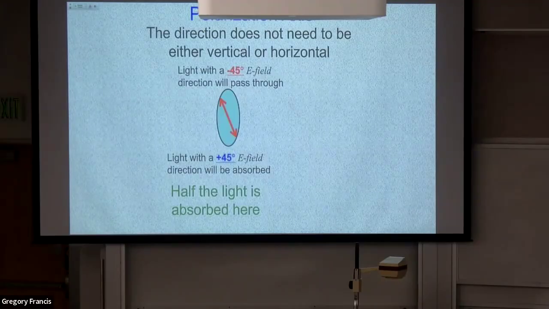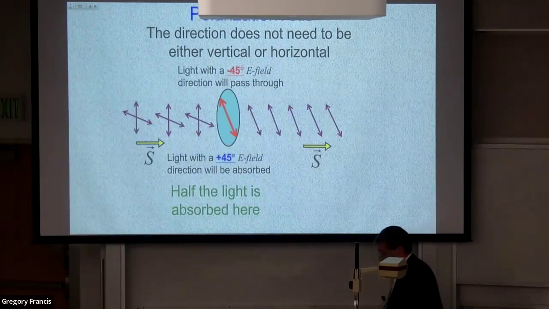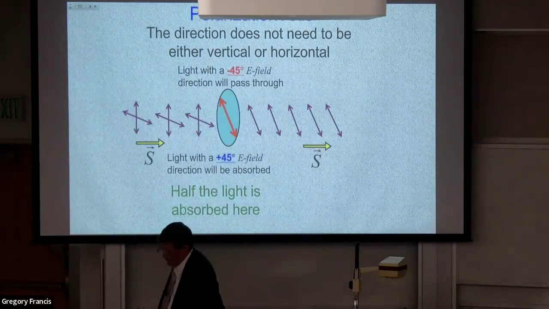And if it's randomly polarized, I can't imagine why there would be more than half on one of those axes. And so I get half of the light gets through. And so that's what comes through. That S vector, it's called the Poynting vector. You're never going to need that on an exam, but that's just the flow of energy.